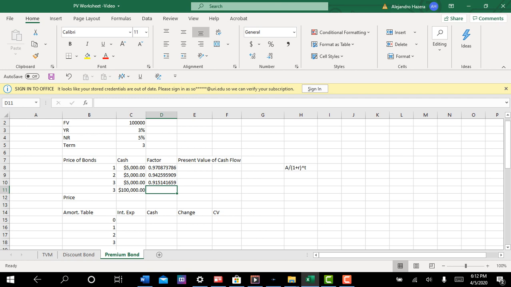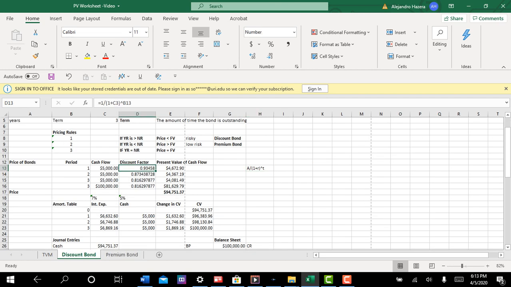And then this final one is going to be the same as the previous one because they're both cash flows at the end of the third year. But I'll just do 1 divided by 1 plus the yield rate, which is 3%, raised to the 3. Notice, as a side note, that those factors are higher than the factors for the discount bond.